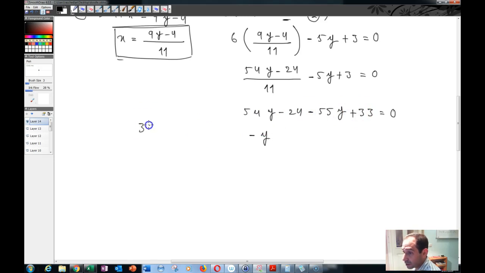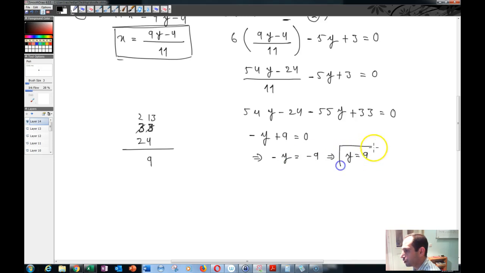I hate this kind of calculation. So 33 minus 24 is 9. So that's positive 9 is equal to 0. So your negative y is equal to negative 9, so y is equal to 9.